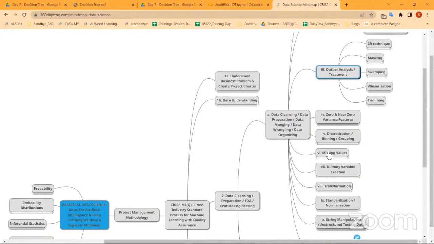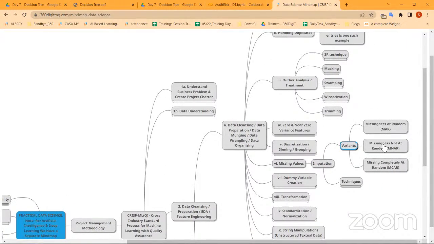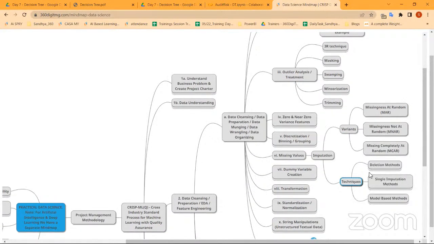And of course, we do have missing values here. When we have missing values, we perform the imputation techniques. So what imputation techniques can you perform? These are the variants of missing values: missing at random, missingness not at random, and missingness completely at random. And what techniques can we use to handle them?